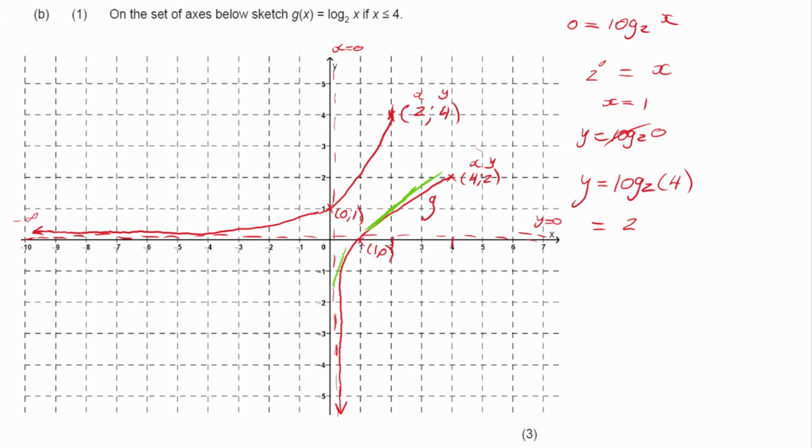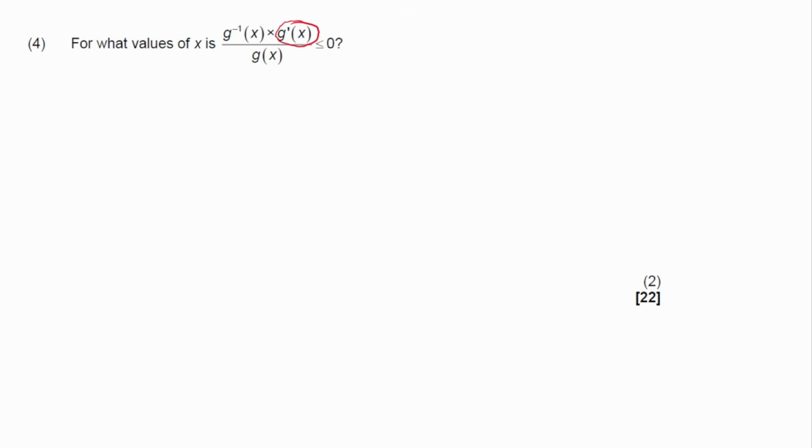And you'll see no matter what tangent we draw, if it's there or even here, it'll always be positive. The gradients of these are always positive. So we can just say g prime of x is always positive, so we don't even have to include this in our evaluation.